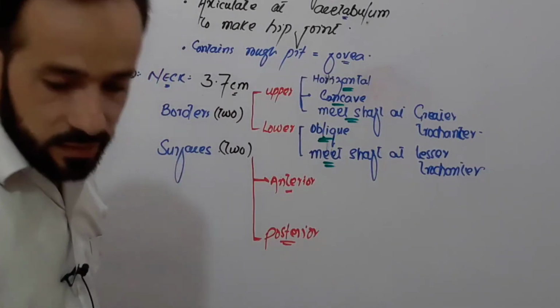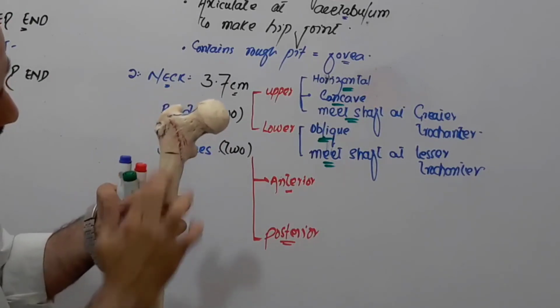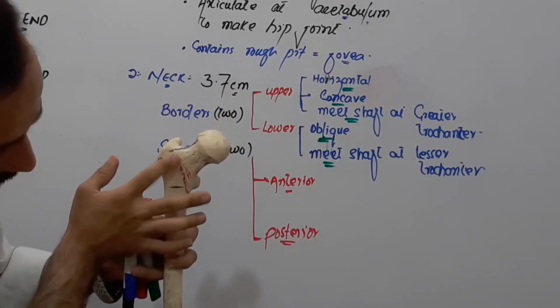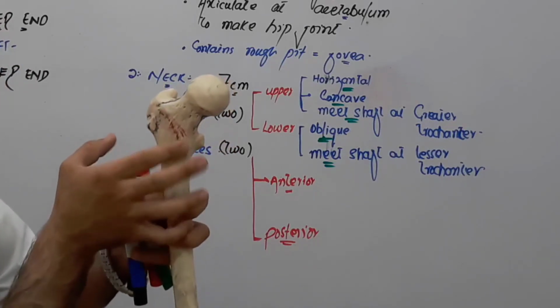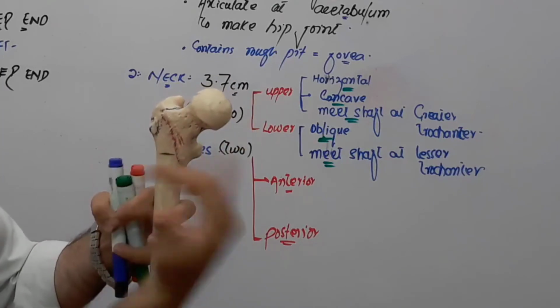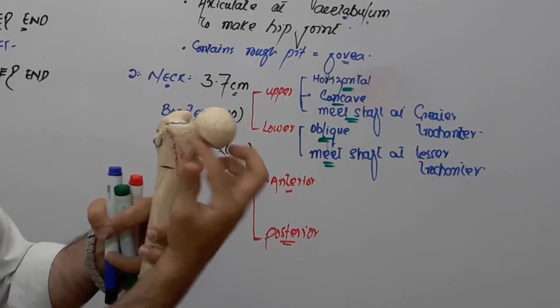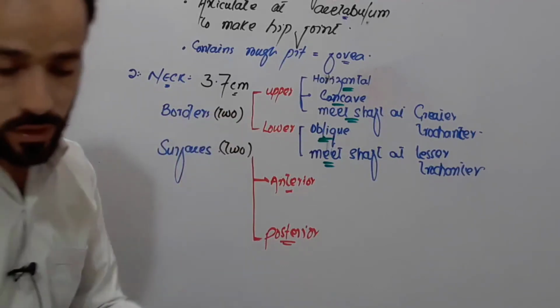The anterior surface, look carefully, meets the shaft of the bone at the intertrochanteric line, right? This red line shows the intertrochanteric line. Now this is the anterior surface, so we just say that the anterior surface of the neck meets the shaft of the bone at the intertrochanteric line.